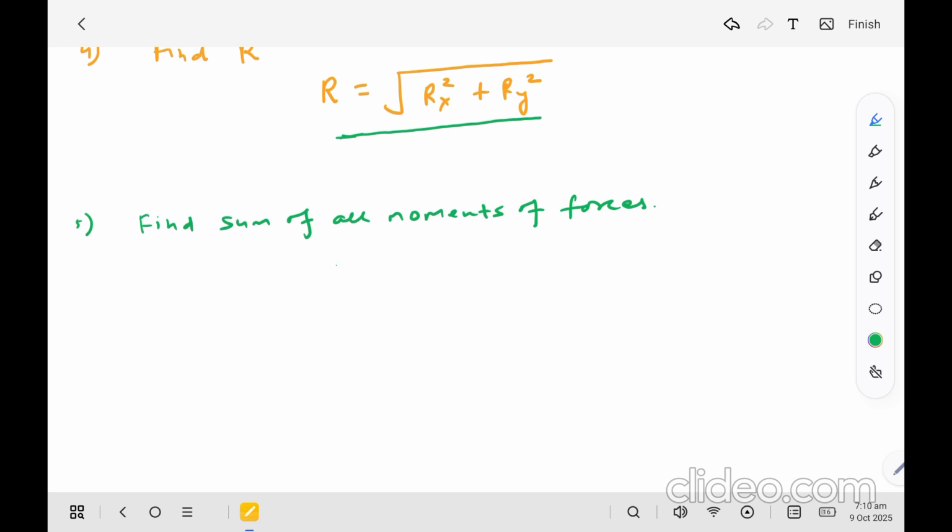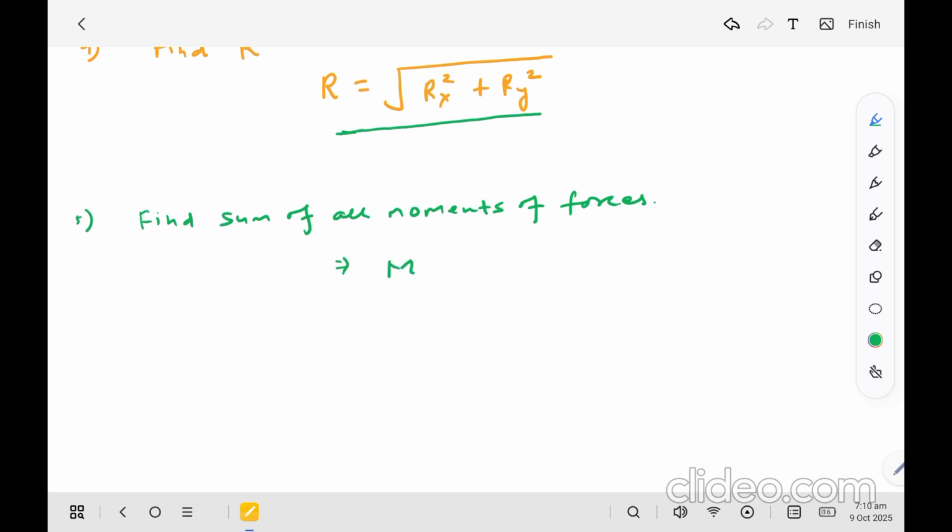If we represent with MO, the moments of forces about a point O is nothing but the algebraic sum of moments of all these forces. So we will consider a point on a body, or a specific point is given, or we need to find the moments about a given point on a body.